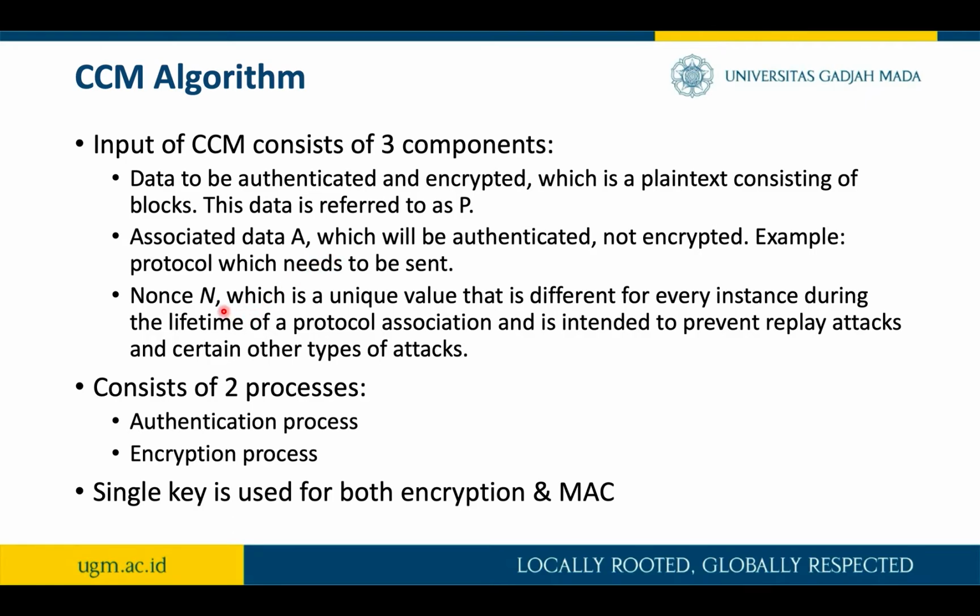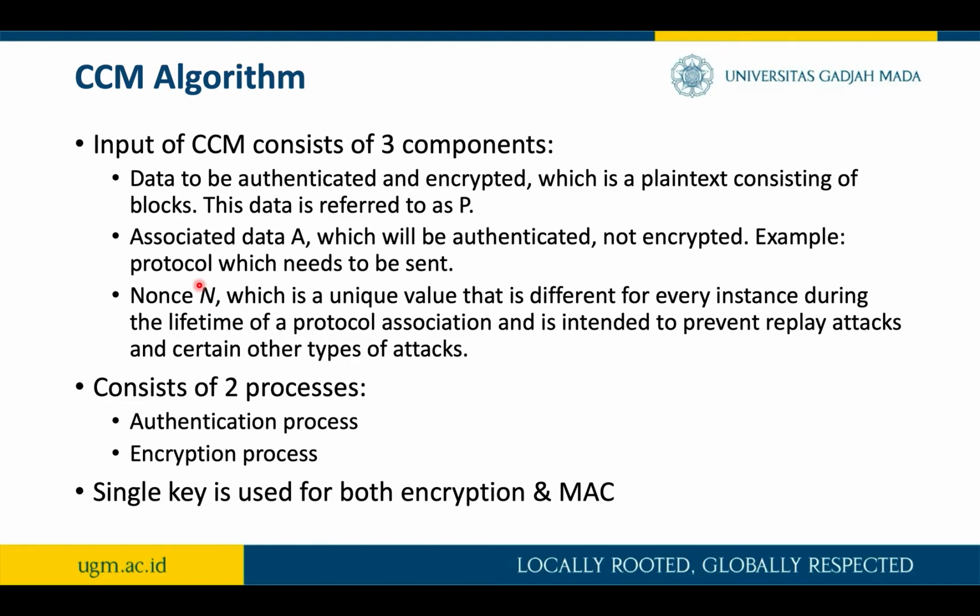And the last one is the nonce, N. This is a unique value that is different for every instance during the lifetime of a protocol association and is intended to prevent replay attacks. So we need to specify the nonce as well, and it must be a unique value for each instance.